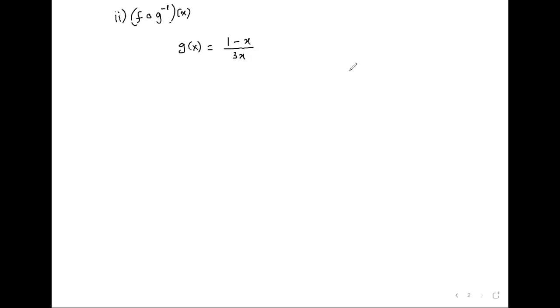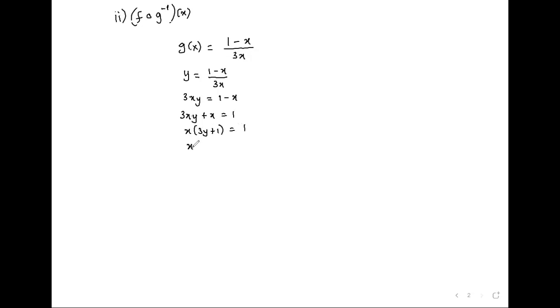So now we let y be equal to 1 minus x over 3x. Then cross multiply, so we have 3xy is equal to 1 minus x. And we make x the subject. So we take the other x also, so that we have x(3y plus 1).